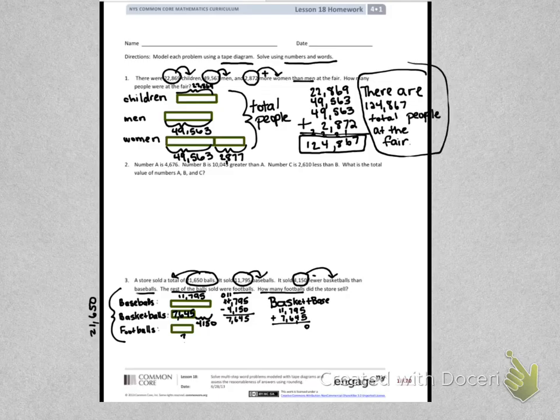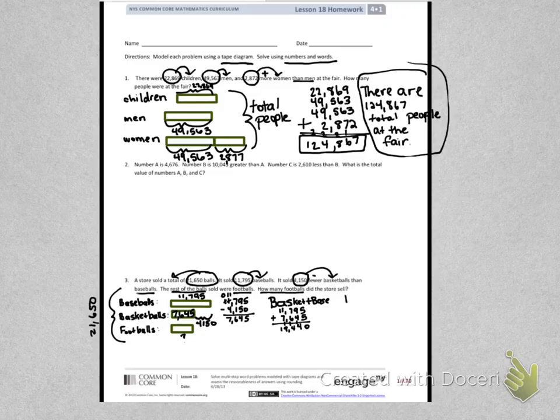5 plus 5 makes 10. 9 plus 4 plus 1 makes 14. 7 plus 6 plus 1 makes 14. 1 plus 7 plus 1 makes 9. And 1 plus nothing else is 1. So together, our basketballs and our baseballs add to 19,440.